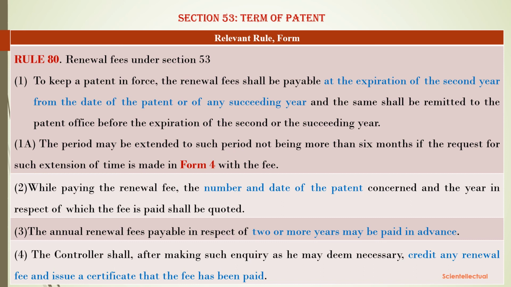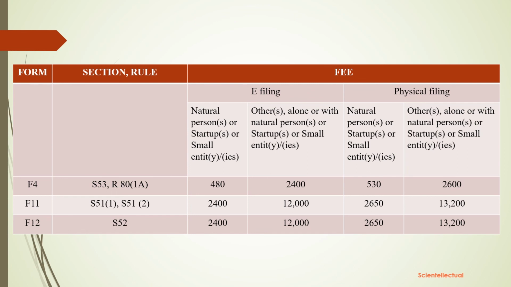The controller shall, after making such enquiry as he may deem necessary, credit any renewal fee and issue a certificate that the fee has been paid. The relevant form with the fee is shown here, which is related to the sections covered in this video.